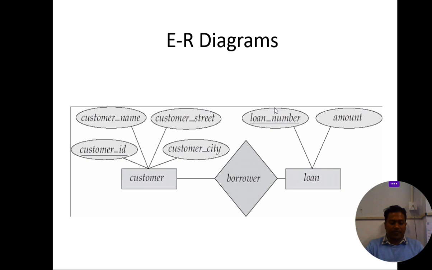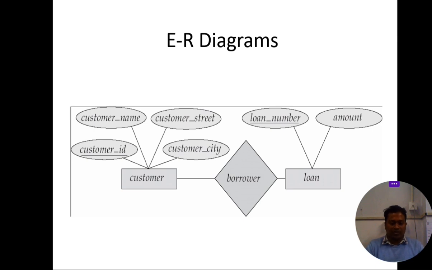This is the ER diagram. First you see the diagram. Clearly see the diagram. Now I am telling about the particular diagram description. Rectangles represent entity sets. You can see the rectangles. So these are the entity sets. The diamond represents relationship sets. Here the example is borrower.